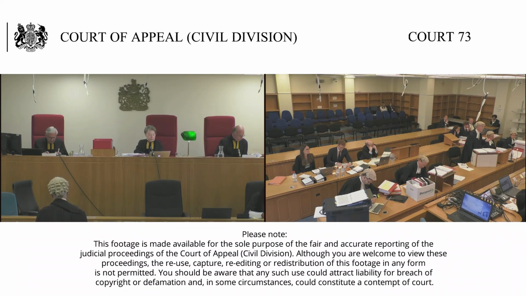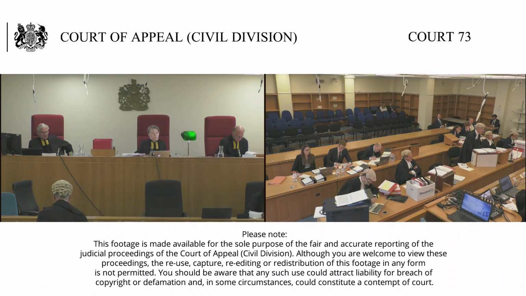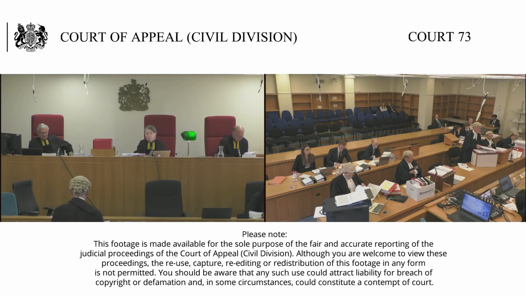Have you done that? No, and we haven't done it precisely because it would be disproportionate to go to the expense of doing that before we're in a position to know whether we've got permission to serve out. I mean, it's quite easy to say you can go under 1782. My limited experience of doing those things is that they are quite complicated. Well, my lord, we've dealt with this in the evidence.